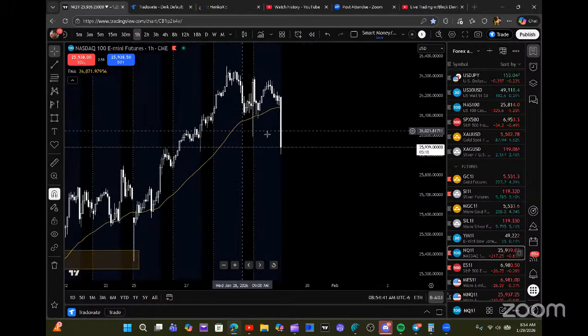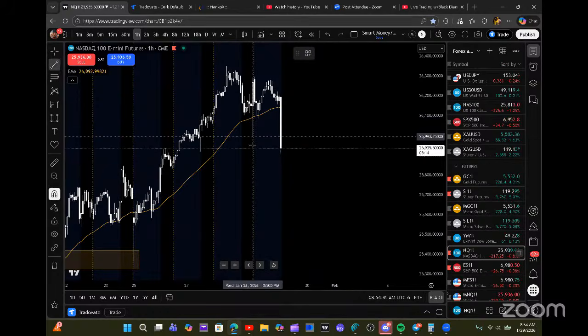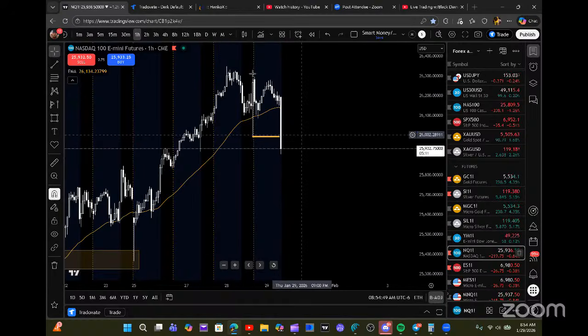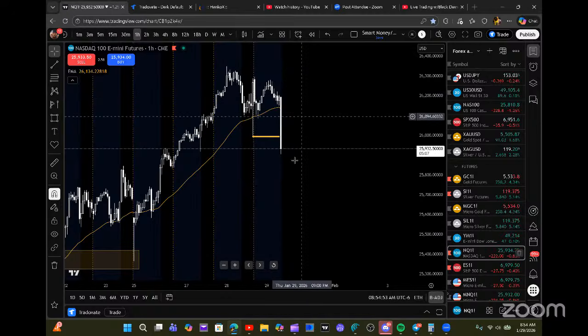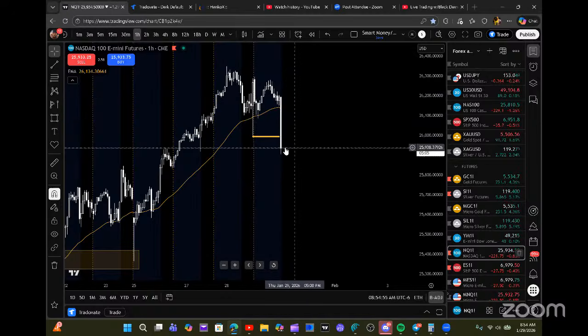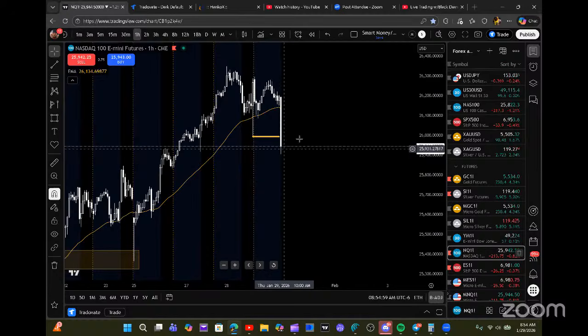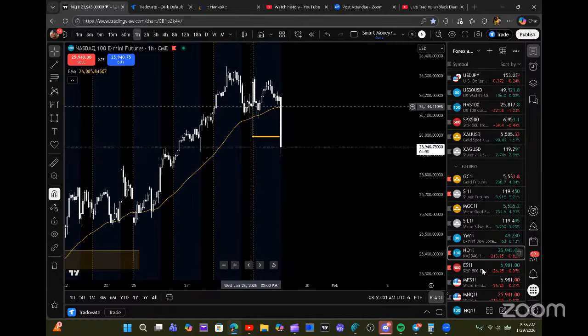So we broke this structure here, and you can see we made those lower highs right up in there. I want to see this start to pull back inside of the range. That's NASDAQ.